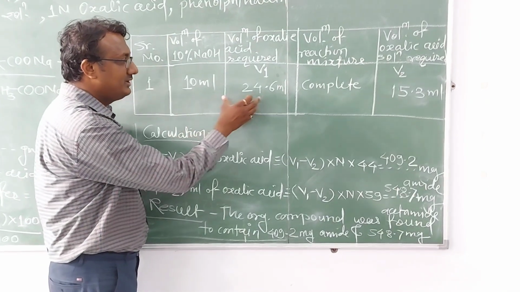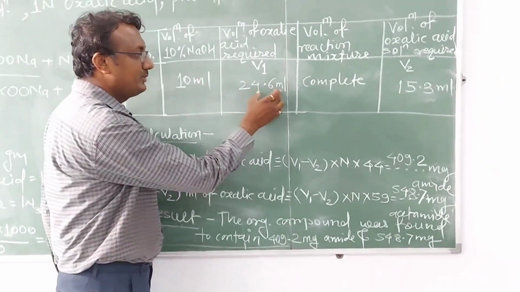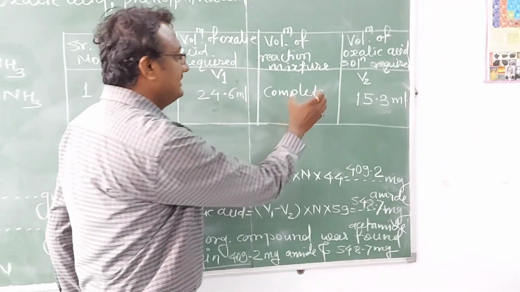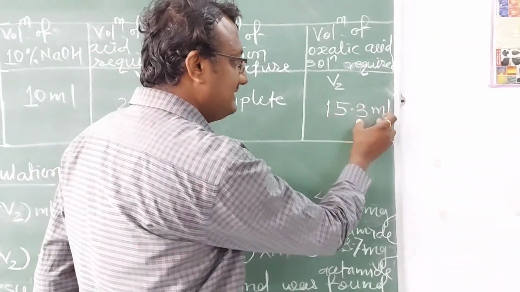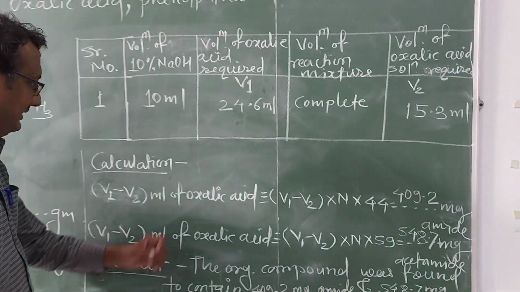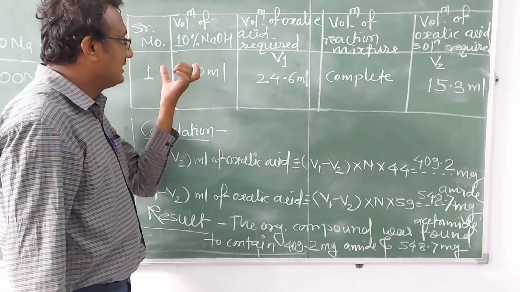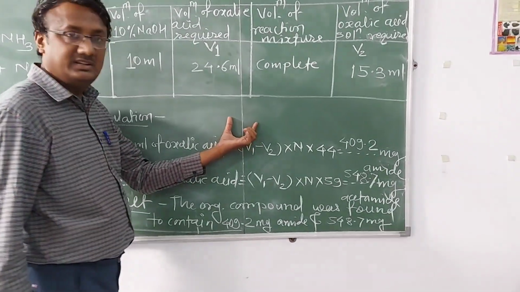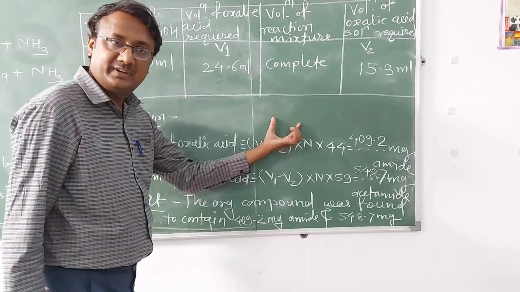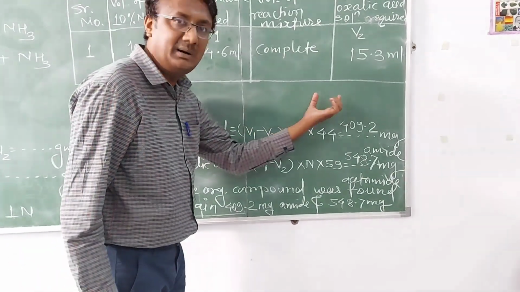For the blank titration, the burette reading is 24.6 ml, and in the amide mixture, the burette reading is 15.3 ml. In the calculation, the consumed oxalic acid is equivalent to the NaOH solution, which is equivalent to the amide.